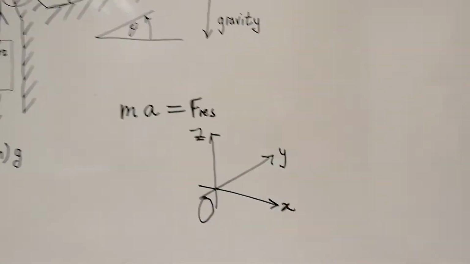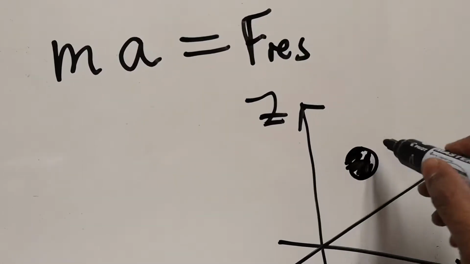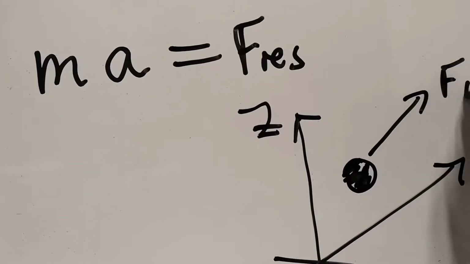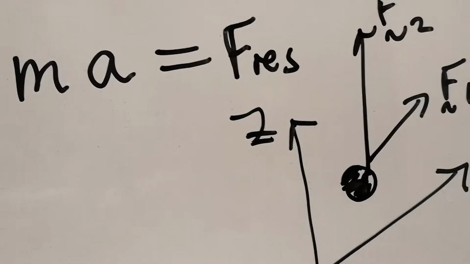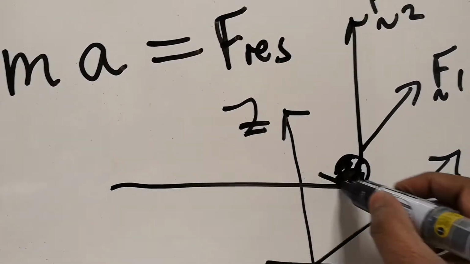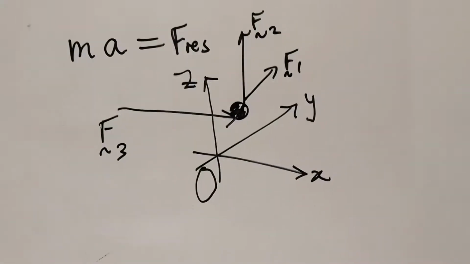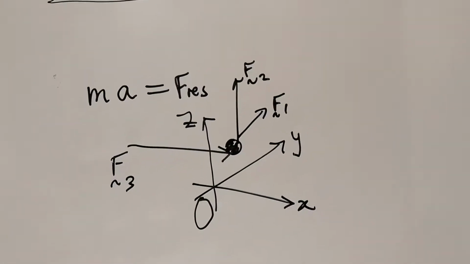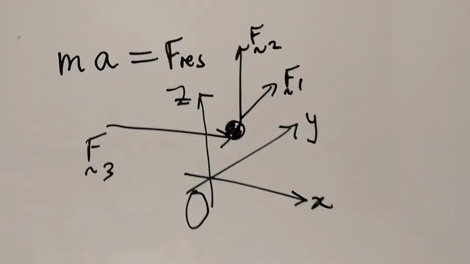In other words, if we have a mass m and there are various forces acting on the system, for a particular point we would have three corresponding Newton's equations for each of the three components.